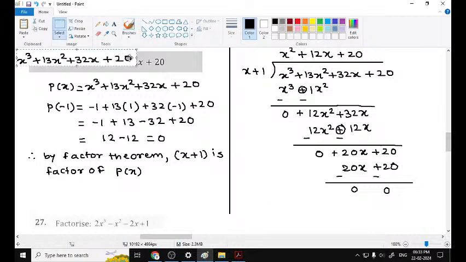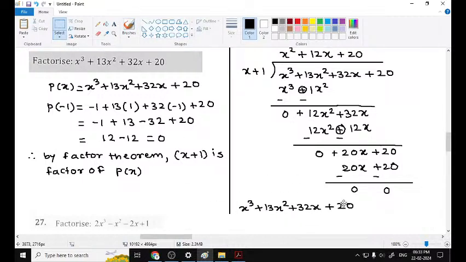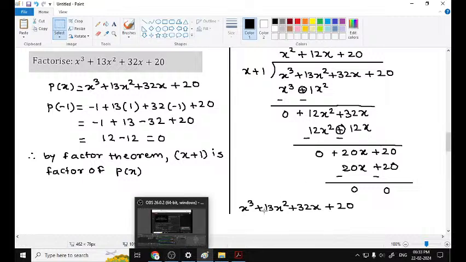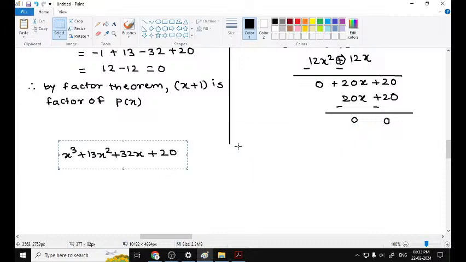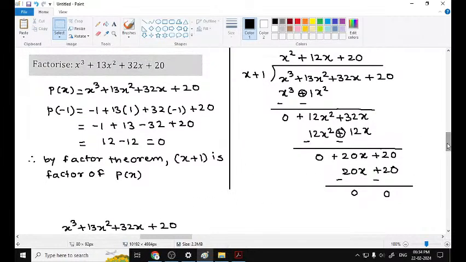So this polynomial is equal to x plus 1 into x square plus 12x plus 20.